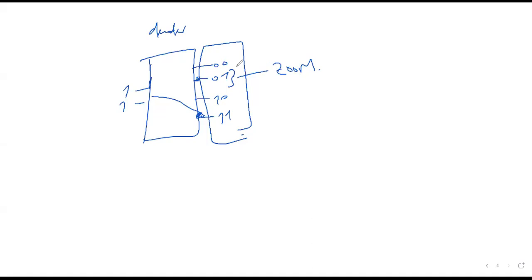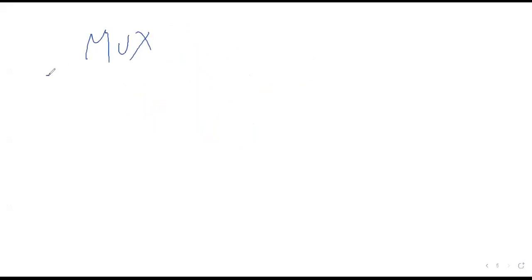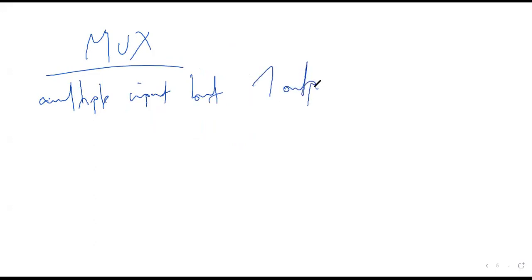We can move on to the multiplexer. Another example of a combinational circuit. Mux, a multiplexer. This is a circuit that accepts multiple inputs, but it gives only one output. So we have multiple inputs, but one output.